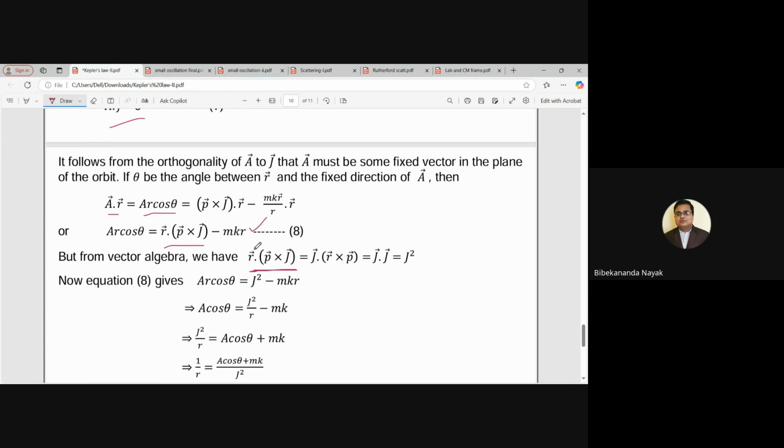Using that, A is r, B is p, and C is J. So J dot (r cross p), but r cross p is J, so it finally gives J square. Simple use of vector algebra. So finally we found A R cos theta is equal to J square minus m k r.